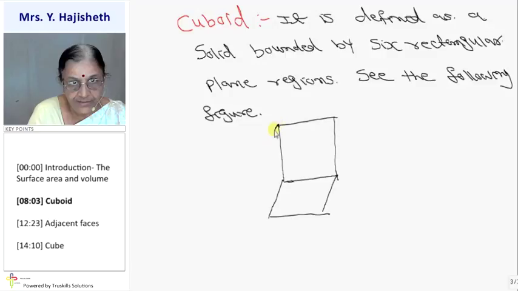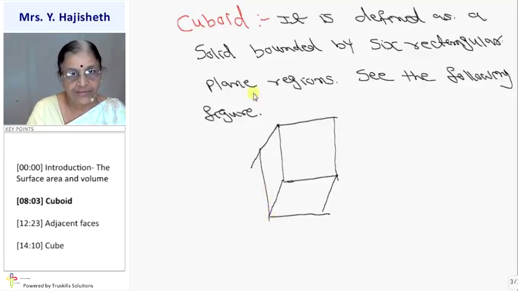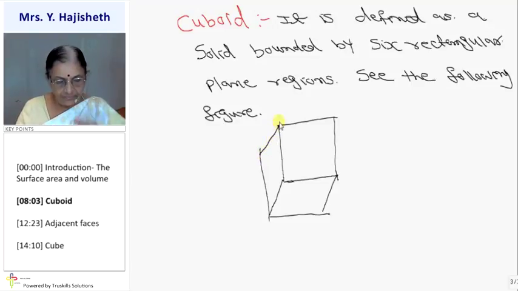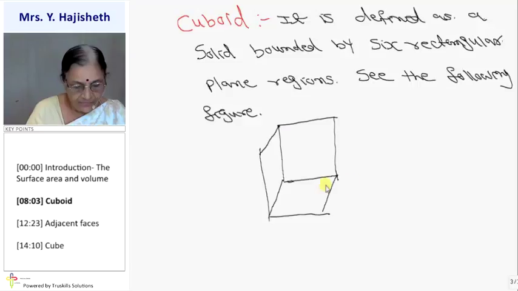Then I draw another rectangle like this. Then I draw a third rectangle like this. Look at this figure. This is cuboid in shape.